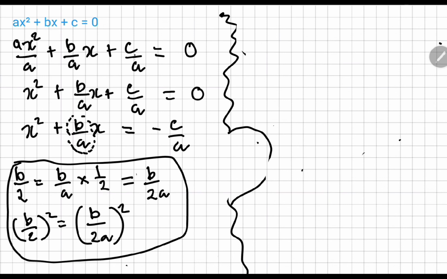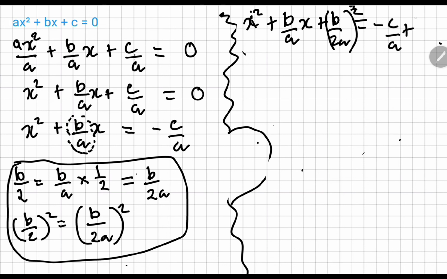So now we can continue with the sum. Add b over 2a squared to both sides. So x squared plus b over a x plus b over 2a squared is equal to minus c over a plus b over 2a squared.